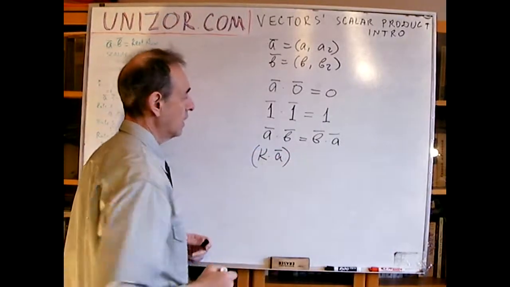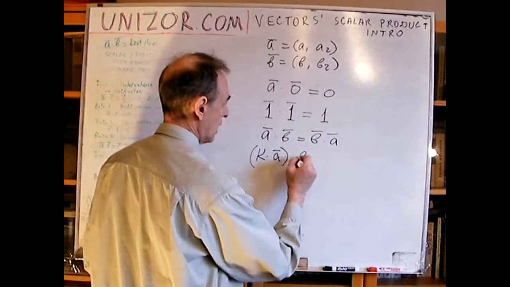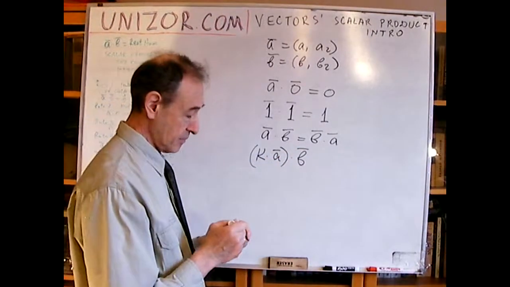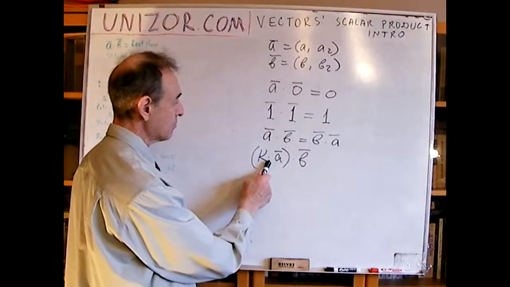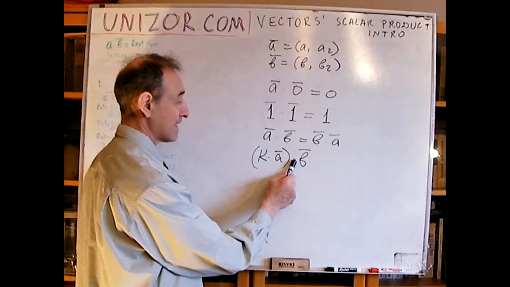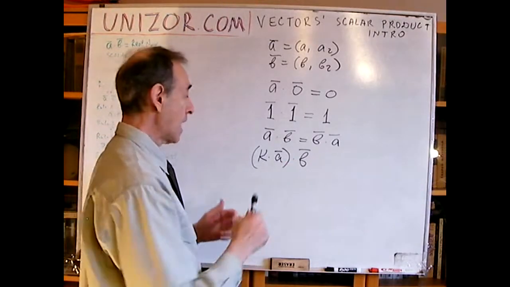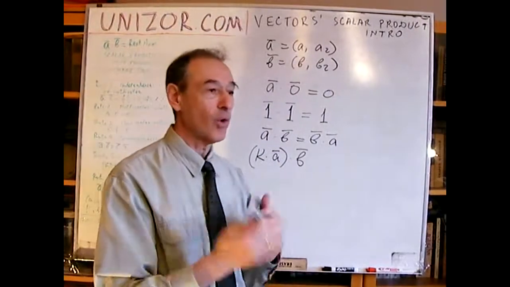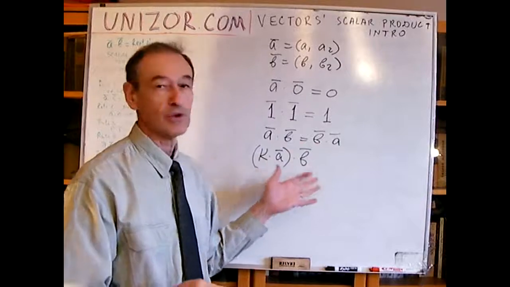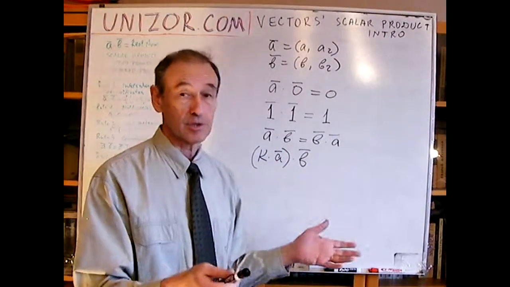So if you multiply one of the vectors by a constant and then multiply by another vector using the scalar product, by the way, pay attention, this is a product of a vector by a real number. This is a scalar product of two vectors, this one and this one. I'm using the same dot because all the properties are really exactly the same, like commutative law, the associative law of multiplication, and distributive will be as well.